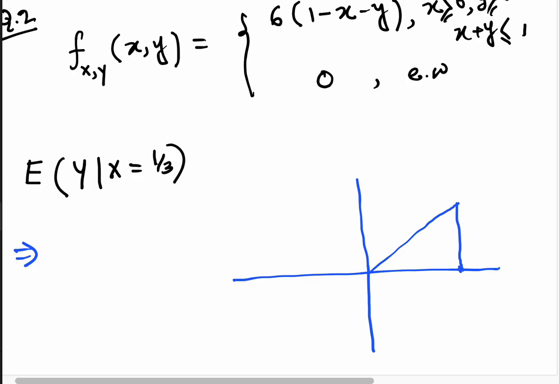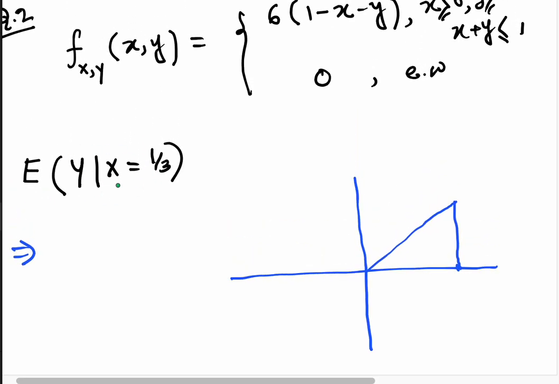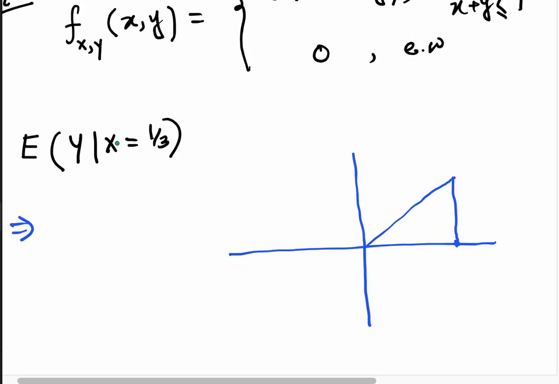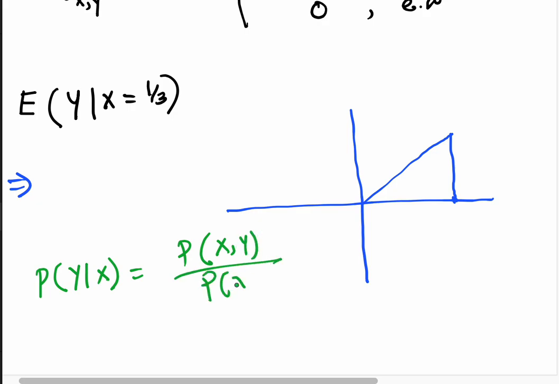Now to evaluate the expectation value, we have to know the conditional probability, that is, again we know that it is the probability of x comma y divided by the probability of x.